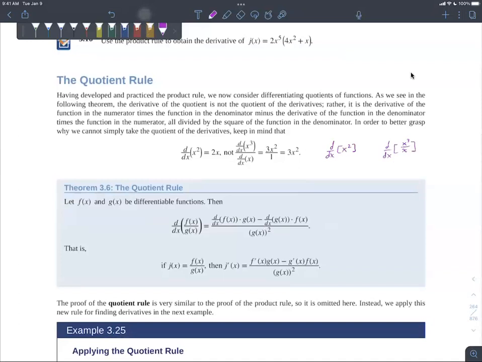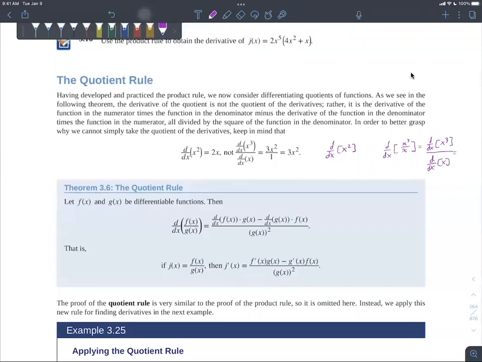The answer is yes. X cubed over x for all non-zero values is equal to x squared. And so, okay, well, if we want to take the derivative of this quotient of x cubed over x, could we just take the derivative of the top function, x cubed, and then divide that by the derivative of x?